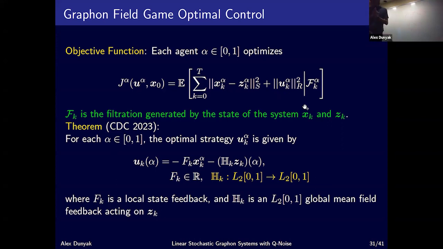Where Fk is just the filtration generated by the state of the system X and the state of the field Z. So this was accepted to the 2023 Conference on Decision and Control, but it turns out that you can actually find an optimal strategy for each agent alpha explicitly as a local feedback F multiplied by your local state X plus some operator, here I write it as H, operating on Z, the local field for all players evaluated at alpha.